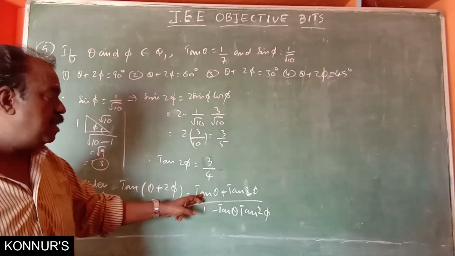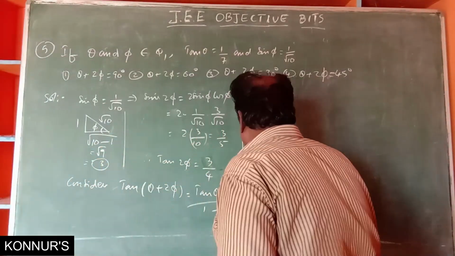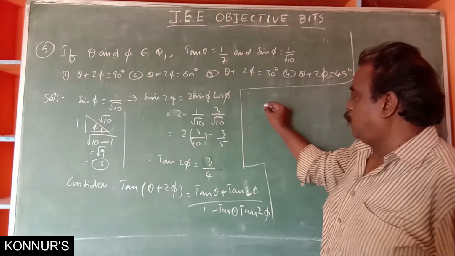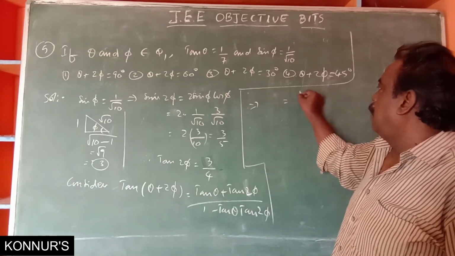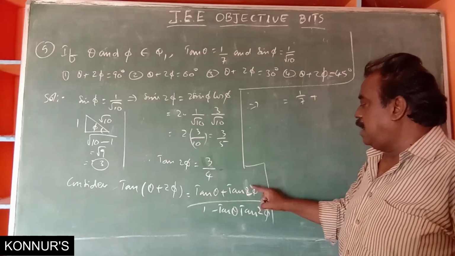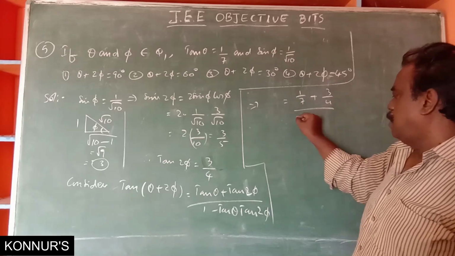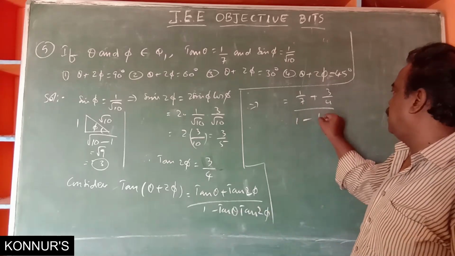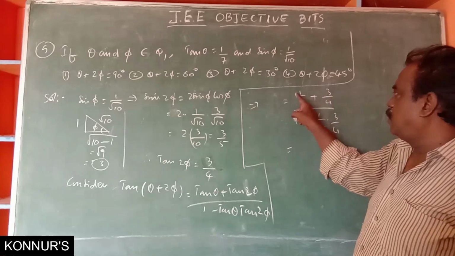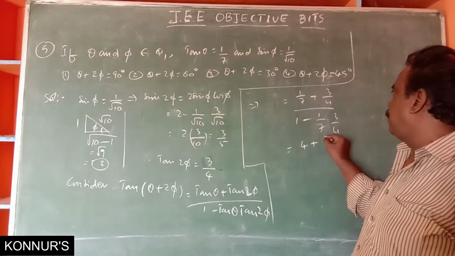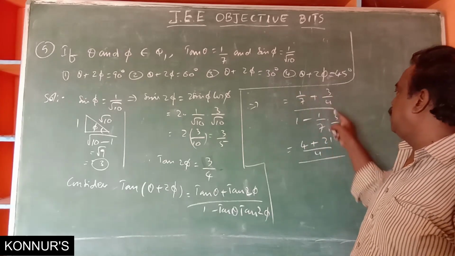Tan of A plus B is tan A plus tan B by 1 minus tan A tan B. I will come to this side. You see, tan theta is 1 by 7. Tan 2 phi is already 3 by 4. By 1 minus tan theta, 1 by 7, 3 by 4. This is making LCM. It is 4 plus 21 by 4. Okay, now 4 into 1, 4. 7 into 3 is 21 by.